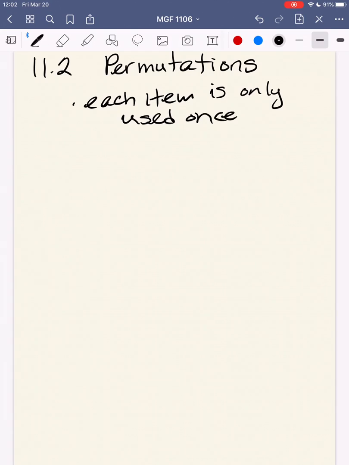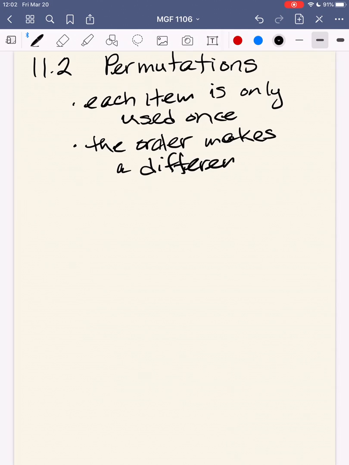First condition, each item is only used once, and the order makes a difference. We have to keep these two things in mind when talking about permutations. I'm going to go straight into it, and we're going to look at a couple of examples.